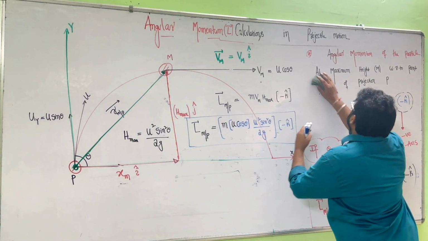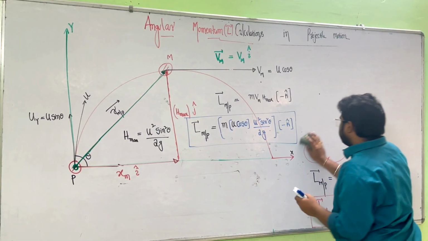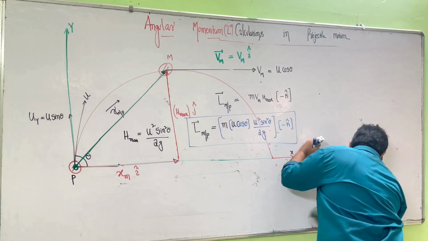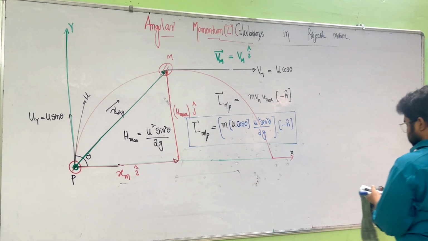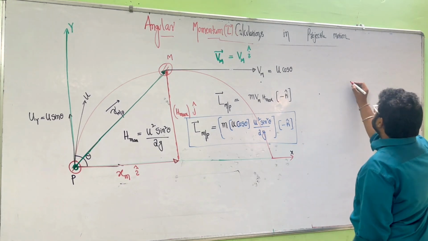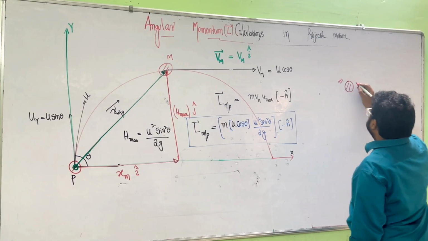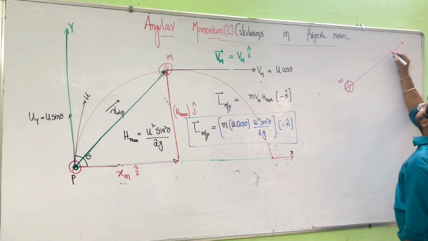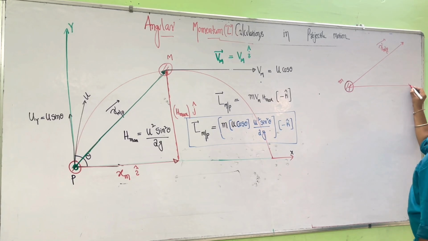So how to get this part? By using right hand thumb rule. See here, it's a mass. This is M. What is the position of the particle with respect to this? Extend this vector.